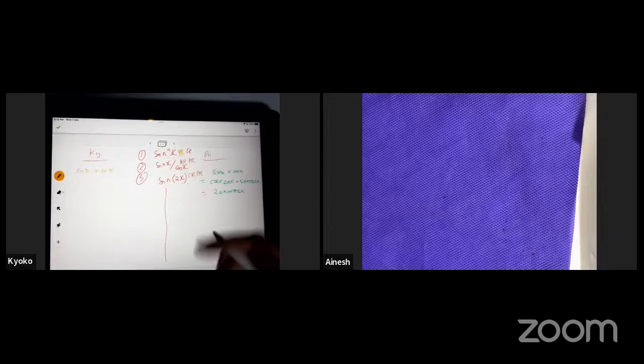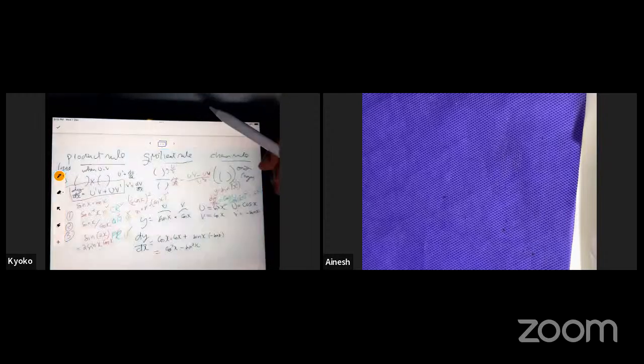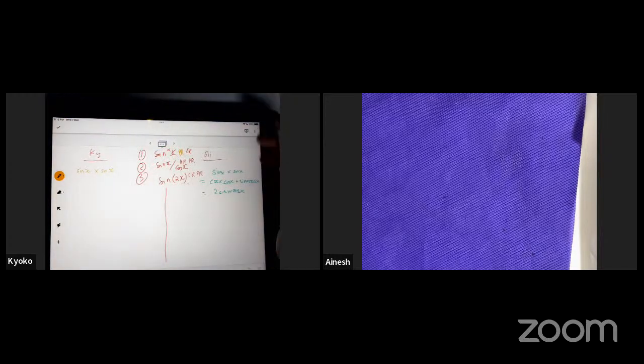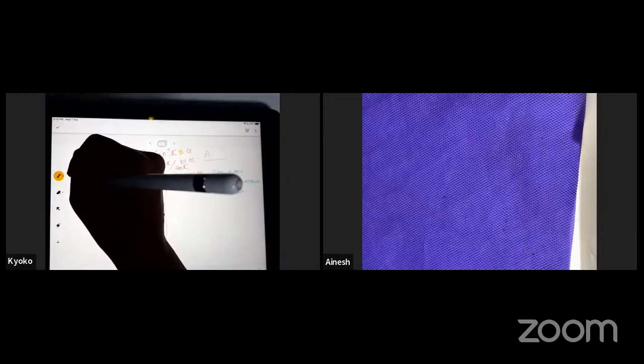Okay. Looks reasonable for the first one, Ainesh. Now, please apply chain rule immediately. Yeah. Right. You must set it up for chain rule. How to set up for chain rule? You must set up in a layer fashion.